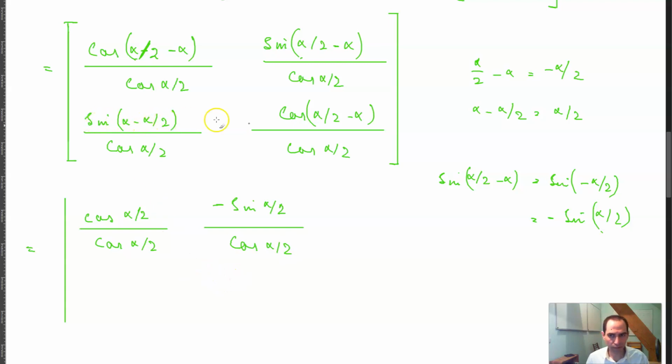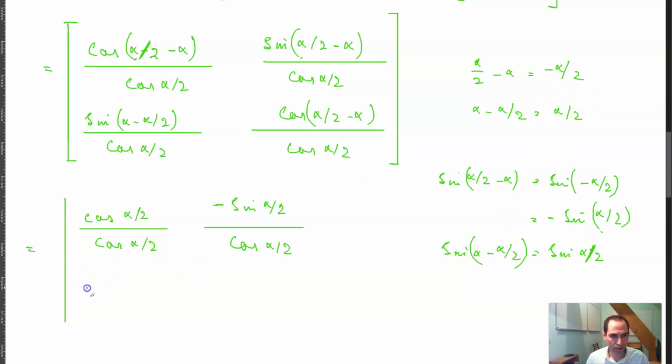Now sine of alpha minus alpha by 2 is equal to sine of alpha by 2.